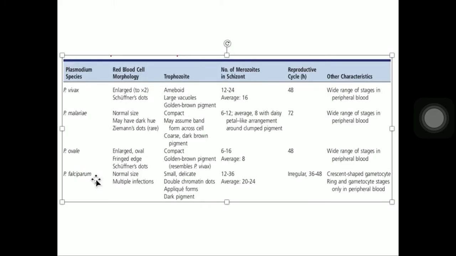Pero for falciparum po, yung crescent shape na kanyang gametocytes, saka yung mga ring forms niya, yung nakikita na stages in the peripheral blood. The rest po, bibihirang makita yung mga skyzone niya, yung kanyang mga developing droplets unless fatal na po yung condition. Again, that's for Plasmodium vivax, Plasmodium malariae, Plasmodium ovale, and Plasmodium falciparum.